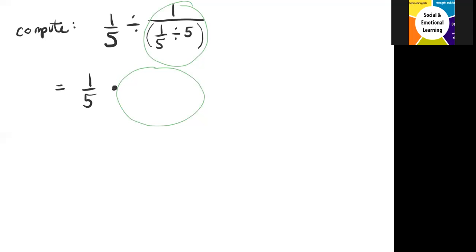I know it looks complicated, but we're just working with the same thing that we've been doing, right? If you have anything, x divided by y, remember that's equal to x times 1/y, right?